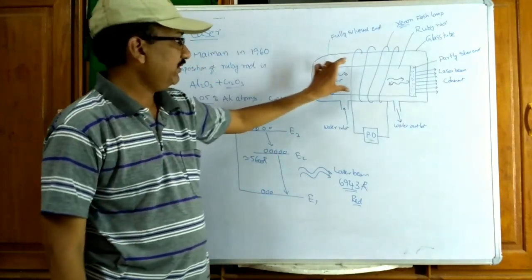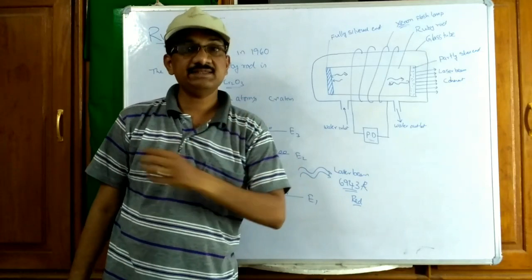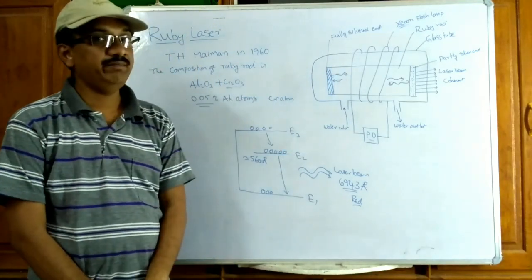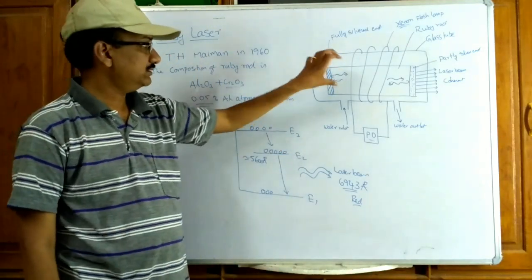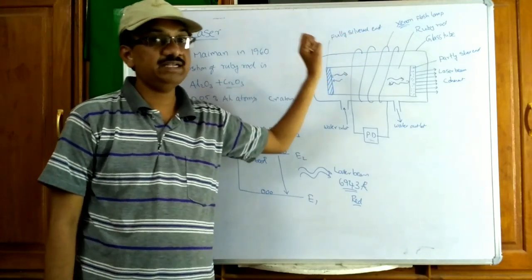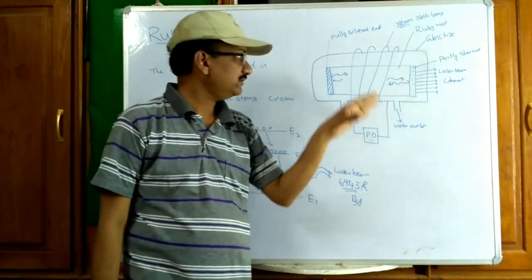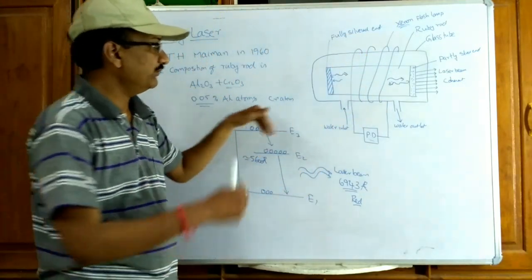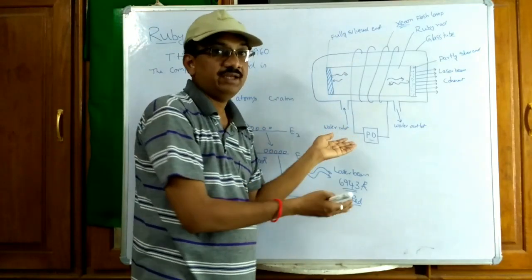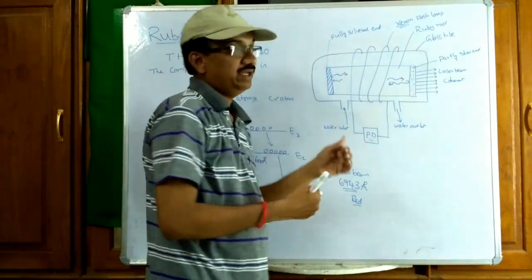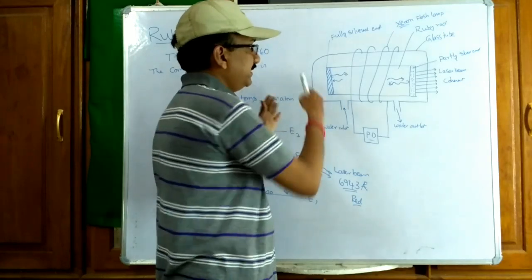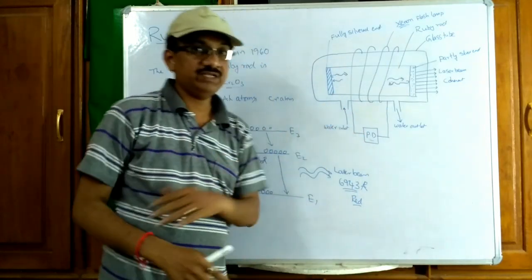Because the material we have chosen is a solid type material, which is very stable. The atoms in this substance are also very stable. If we supply some energy, it gives an immediate reaction. That's why the process is very fast.